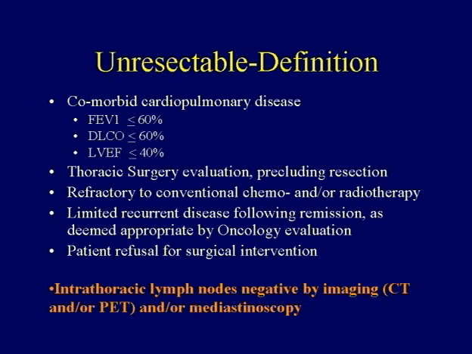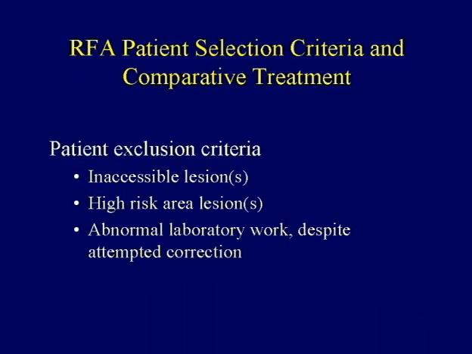And so we find it important to exclude intrathoracic lymph nodes as well as nodes in the base of neck, and this is done using CT and PET, and sometimes we send cases to mediastinoscopy to make sure that we were not dealing with patients who were already known to have regional metastatic disease. Exclusion criteria, as you might expect: inaccessible lesions, high-risk areas, and abnormal laboratory work, primarily clotting profiles.